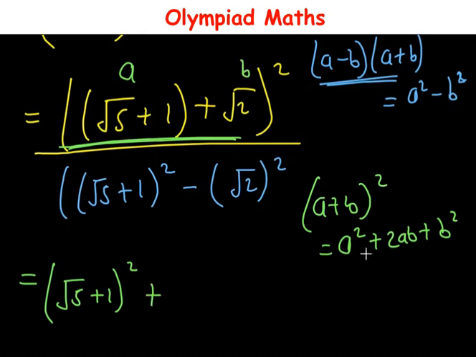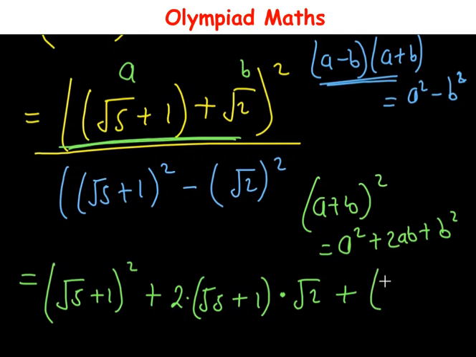So plus 2 times a, root 5 plus 1, multiplied by b, root 2, plus b squared, root 2 all squared.